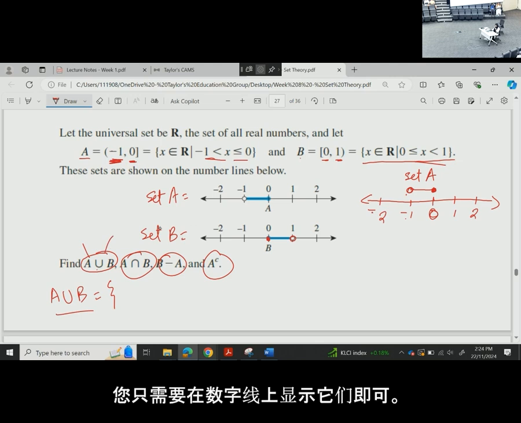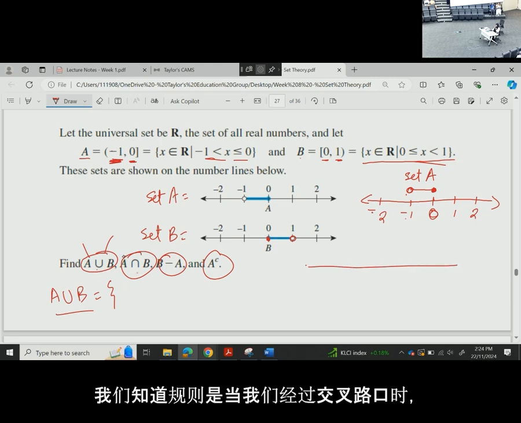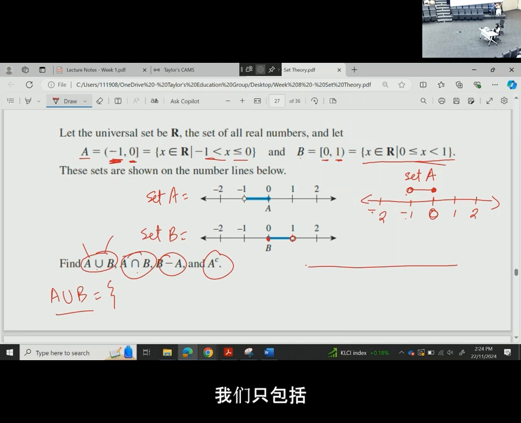So the same rule you will apply, you will just show them on a number line. And for intersection, we know the rule is that we only include the elements that are shared between the two sets. So the same rule will apply, and you will simply show them in the form of the range on the number line, as an interval.